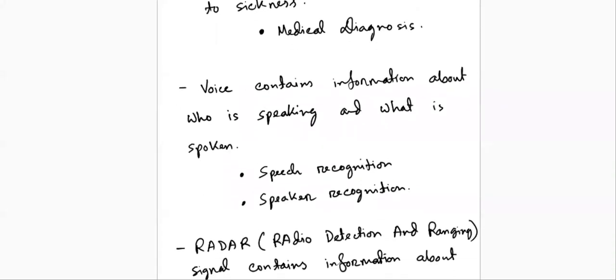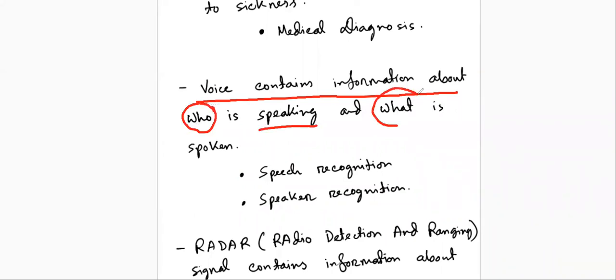Another example: voice contains information about who is speaking and what is spoken. By these two terms, who and what, we can do speech recognition and speaker recognition.